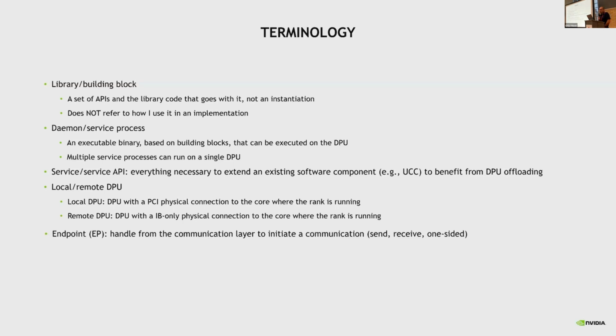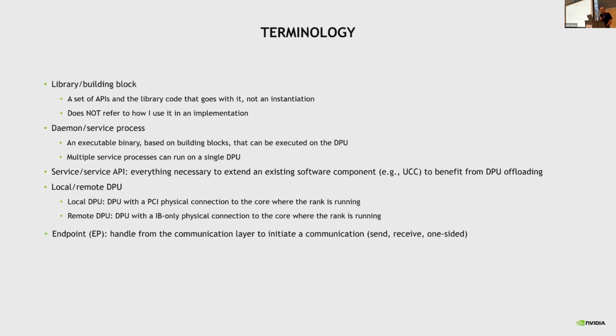One of the basic architectural components of the implementation is that we have service processes that run on the DPU. They could have been service threads, but the person that implemented this preferred processes. So we have service threads that basically continually run on the DPU. You attach the service thread when you want to use it, and they provide services to the collective in this case.